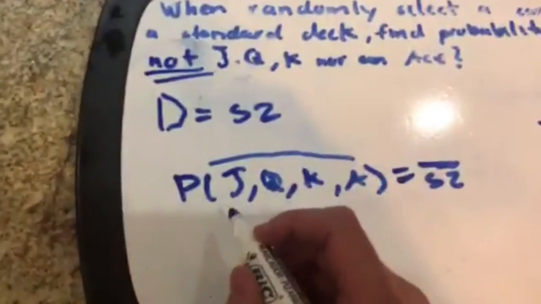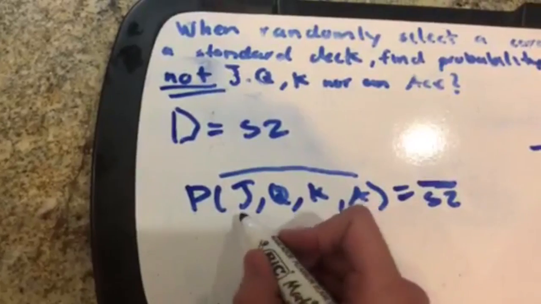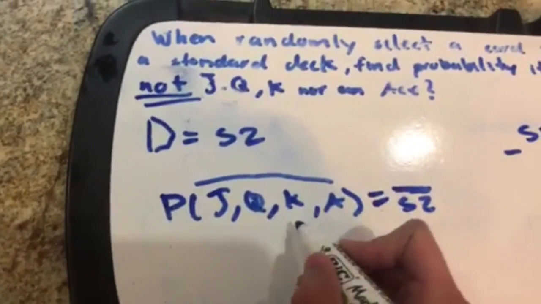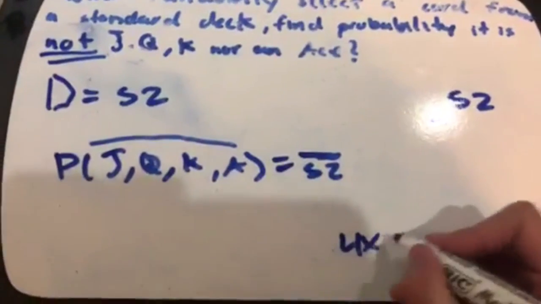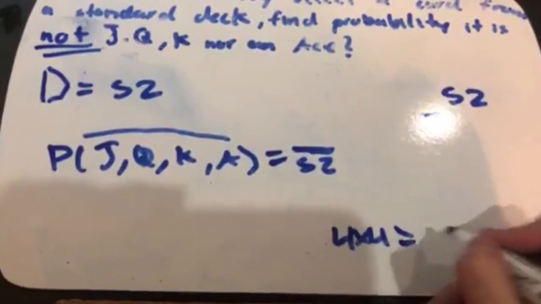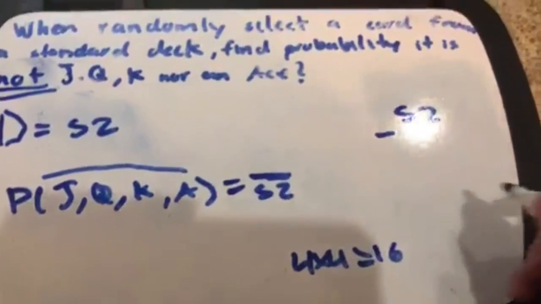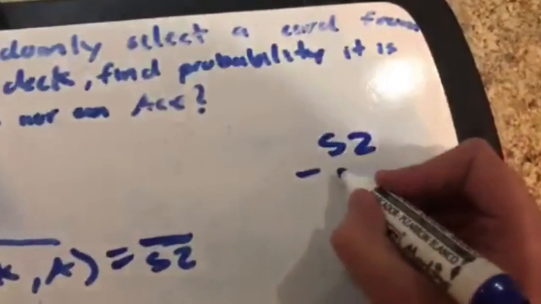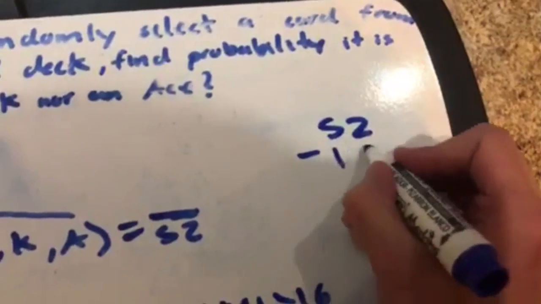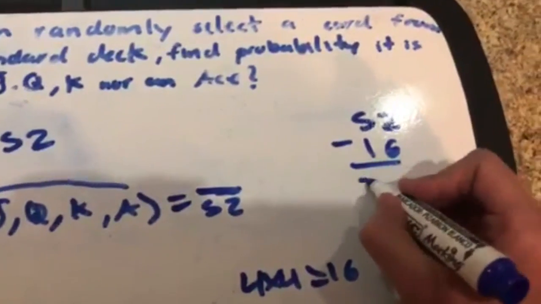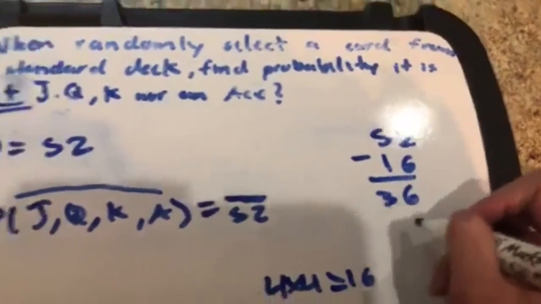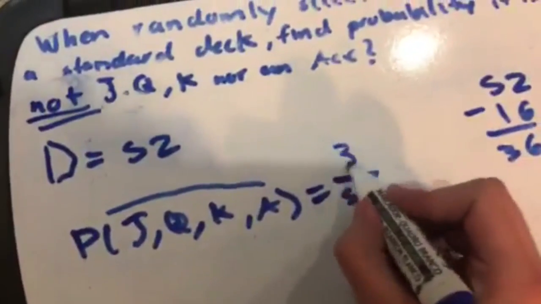We all know that in a standard deck we have 4 of these, 4 of these, 4 of these, and 4 of these. So we just multiply 4 times 4, which is 16, and that's our subtraction. 52 minus 16, which is 36. So that's our answer.